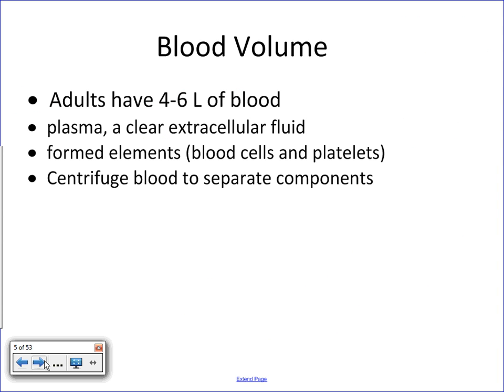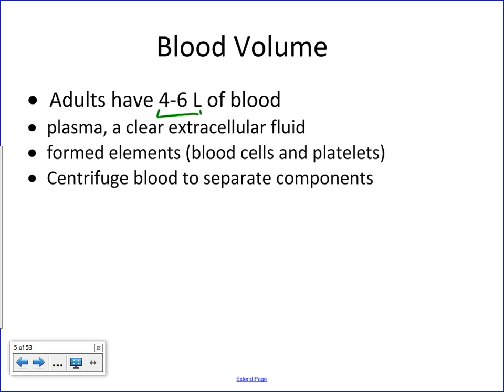When it comes to overall blood volume, it is going to vary depending on a couple of factors: age, body size, gender. But overall, the average human has about 4 to 6 liters of blood in their system, peripheral blood.